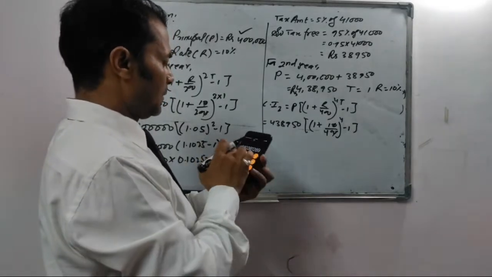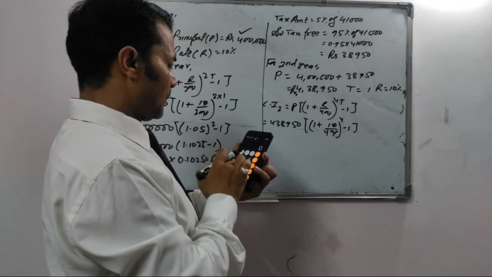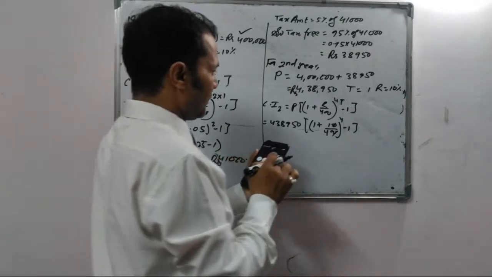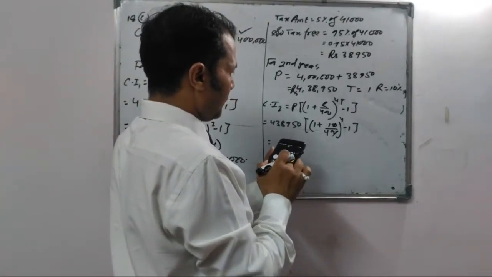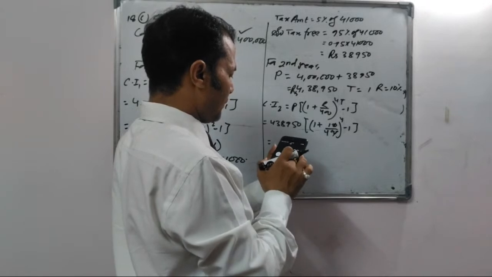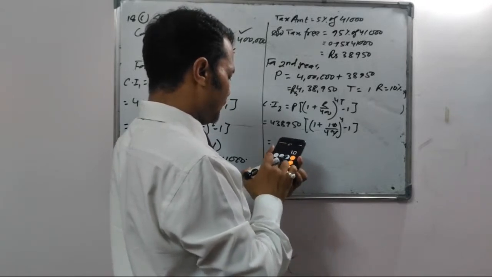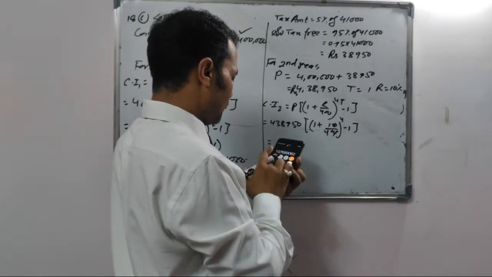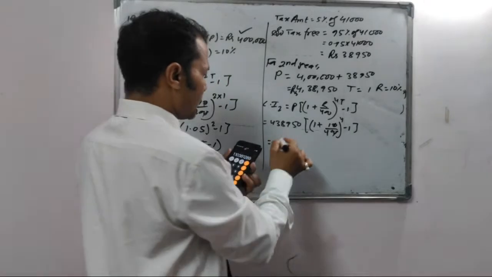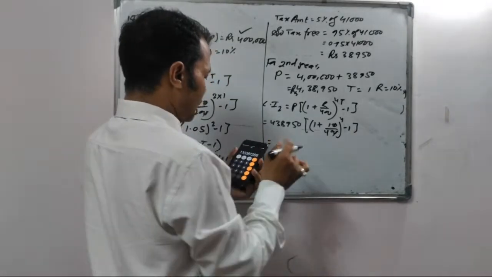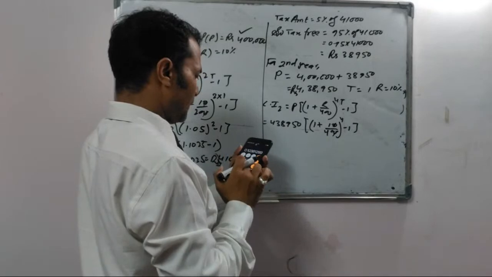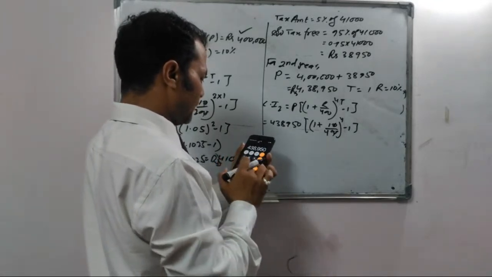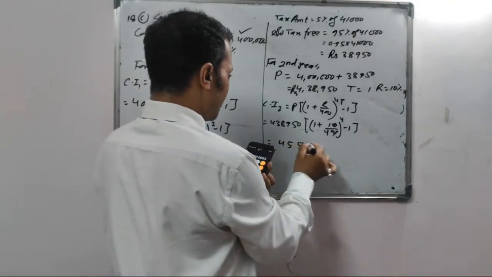Is this right? 41 divided by 40 is 1.025, raised to the power 4, that is 1.025 into 1.025 into 1.025 into 1.025. Then minus 1, into 438,950. So it's 45,568 guys.